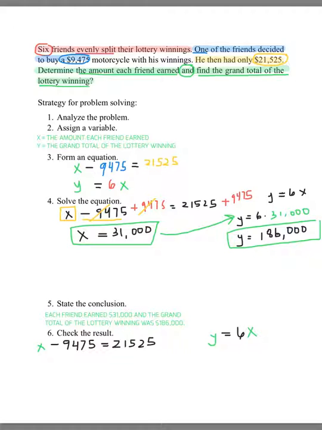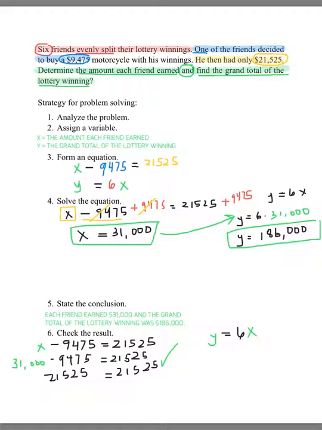For x, we know x is equal to 31,000. And we're going to subtract from that 9,475. And we hope that's going to be equal to 21,525. Once we carry out the subtraction, you will find that it is indeed equal to 21,525. So then our left-hand side is equal to our right-hand side, and that verifies that our solution is indeed correct.